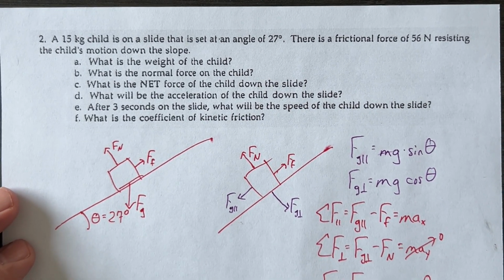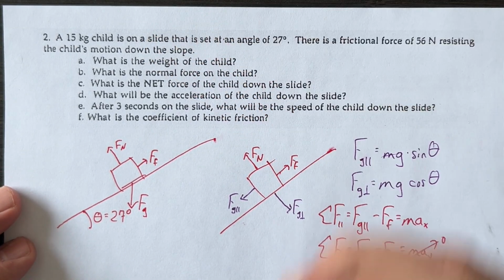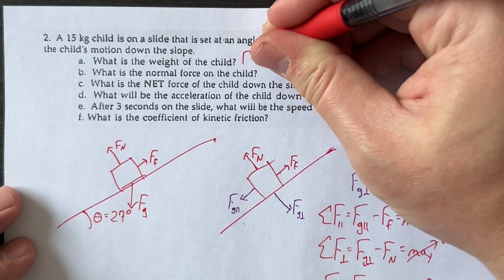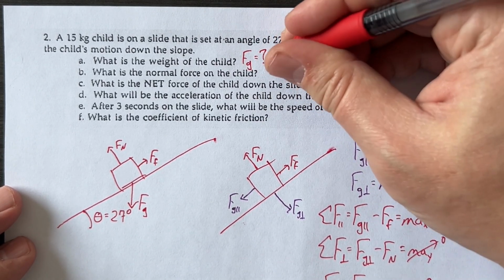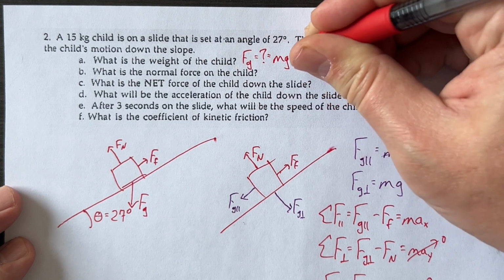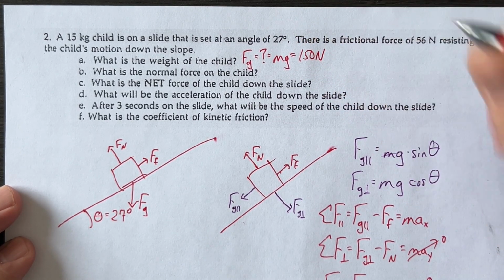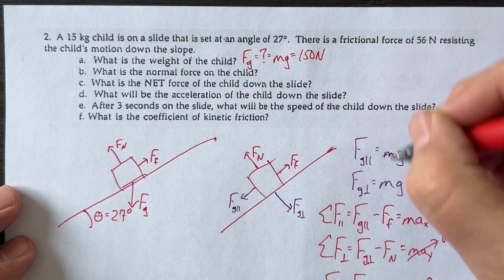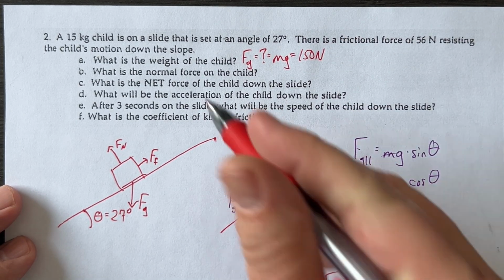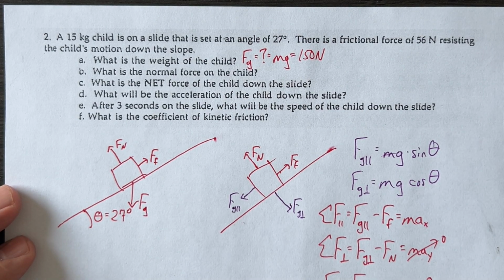Okay, so I've given the quick rundown on what this looks like in a tilted setup. Let's look at the questions actually being asked. What is the weight of the child? Well, that is actually just asking what is the overall force of gravity, which is just mg, which is 150 newtons. These components that we're coming up with must be less than 150 newtons. What is the normal force on the child?